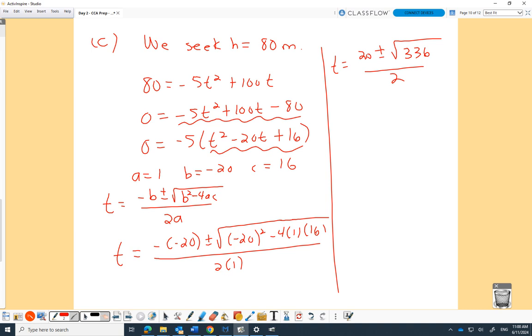So I get two different ones. t equals 20 plus root 336 over 2, or t equals 20 minus root 336 over 2, both of which can be typed into your calculator. You should try that now to make sure you know how to type it into your calculator for Thursday.